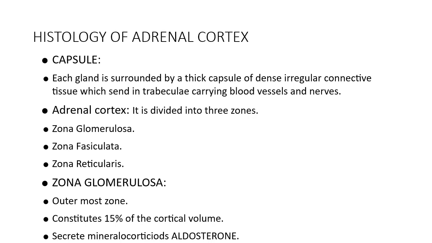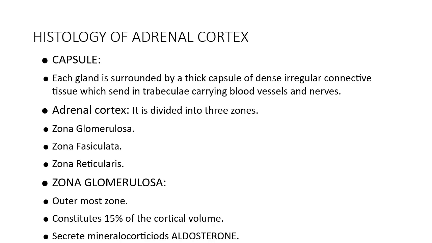Each zone has derived its name from the particular arrangement of the cells forming it. Zona glomerulosa is called glomerulosa because the cells are sometimes arranged in the form of an arch or in rounded structures, just like a glomerulus.